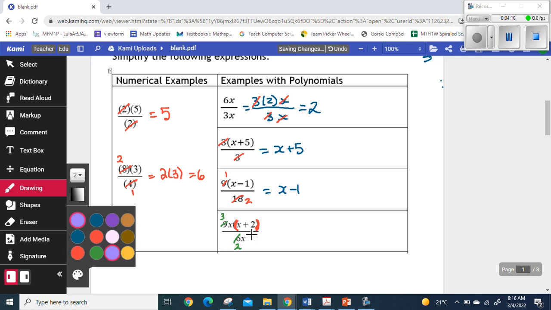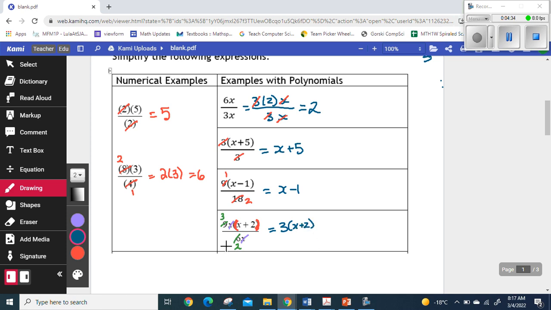I can cancel my x, so this x goes into itself and this x goes into itself, but I cannot take out the x from inside the brackets. You can't split it up. Not allowed. So you have a 3 up top, and you have this x plus 2. It travels together. And underneath, what are we left with? The 2.